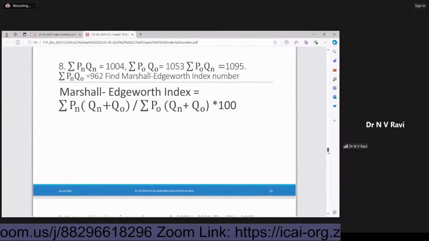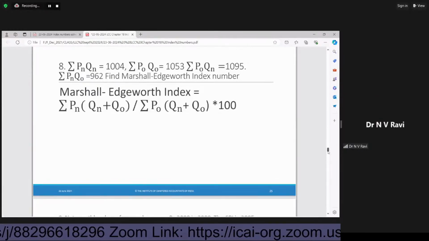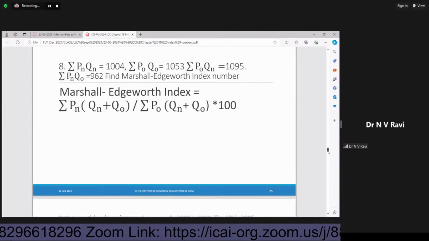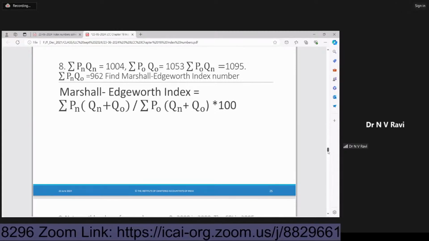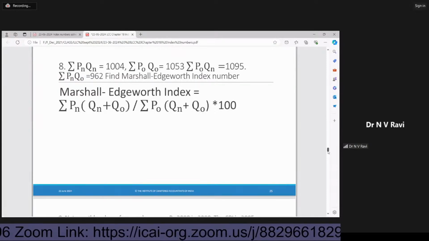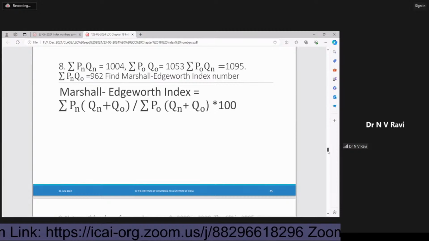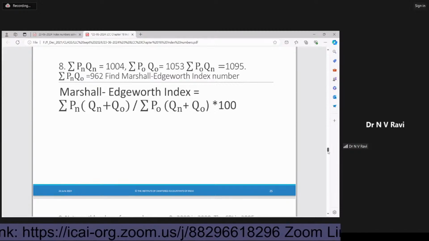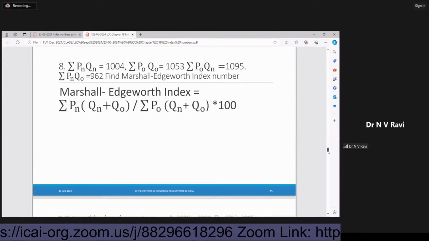Once again, I request students to remember these important points while computing the index numbers. Last pair index number is based on base year quantities as weights, Cauchy's index number uses current year quantities as weights.